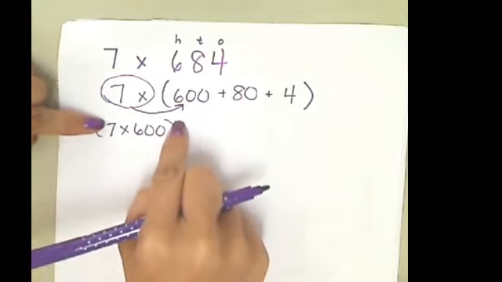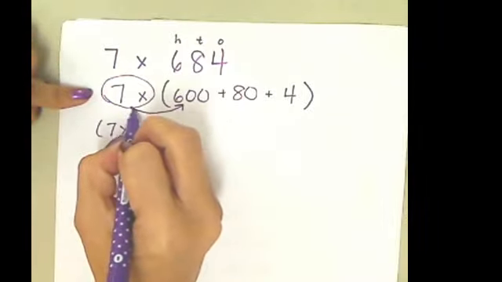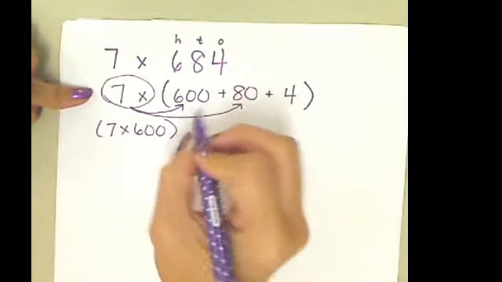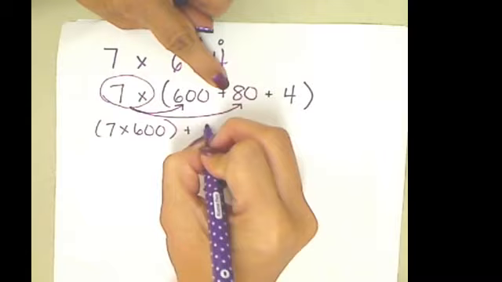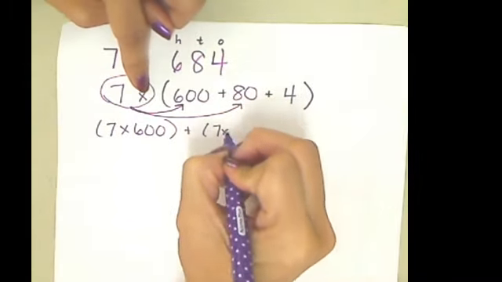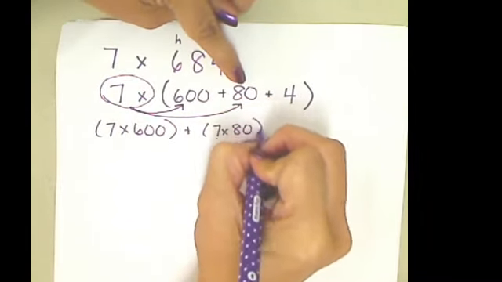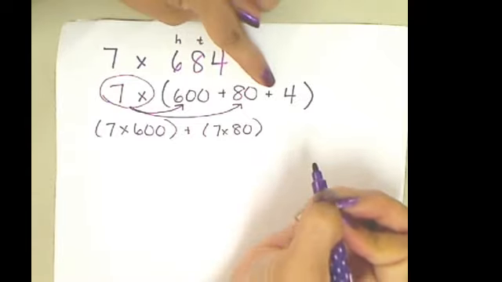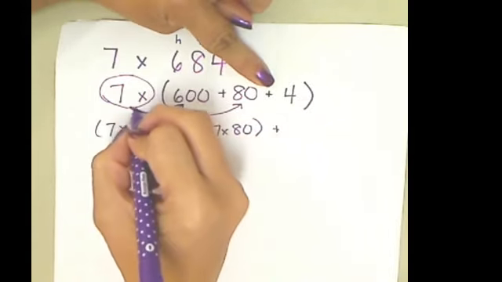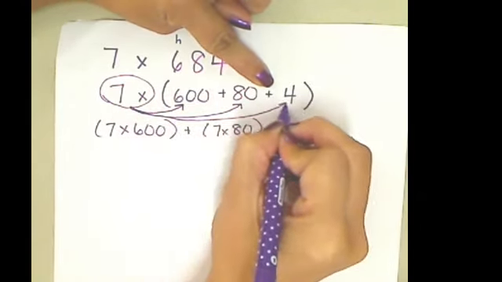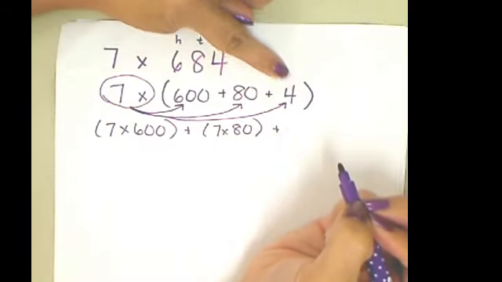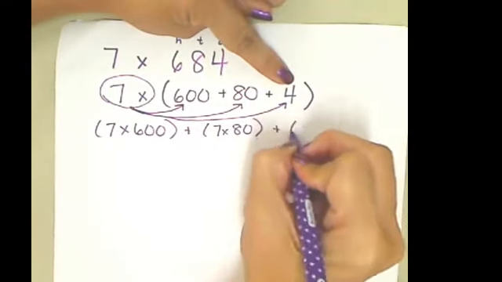Okay, this is how we show our work. And then I'm going to distribute the 7 times to the 80. Don't forget the plus sign. 7 times 80. Okay, don't forget the plus sign. Then I'm going to distribute one last time to that last member of the group. 7 times 4.